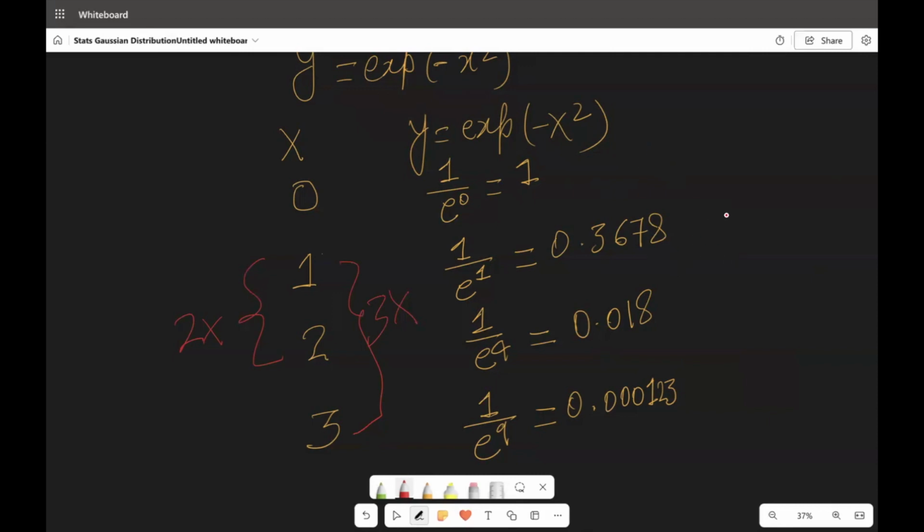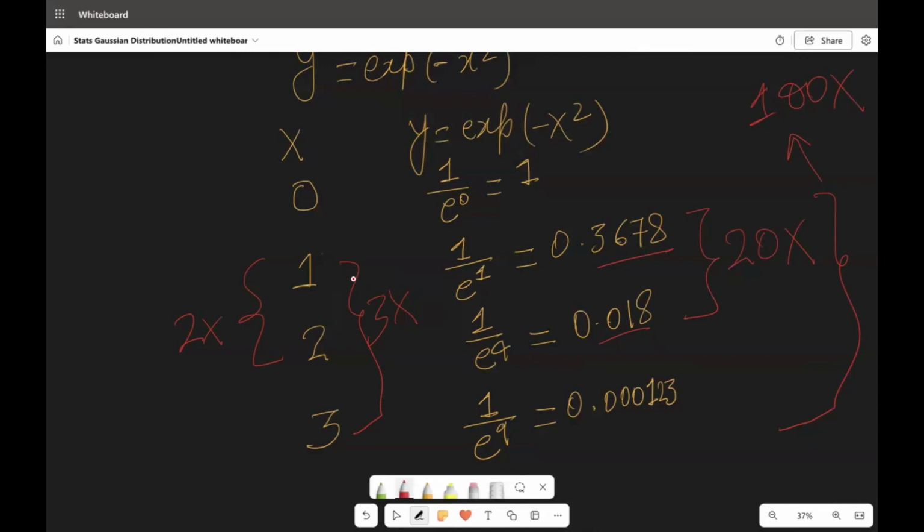If you divide this by this, you will find that this has decreased by 20x. And if you look at how this has changed, it has changed by almost 100x. So can you see, when my x is increasing by 2 times, my y is decreasing by 20 times.